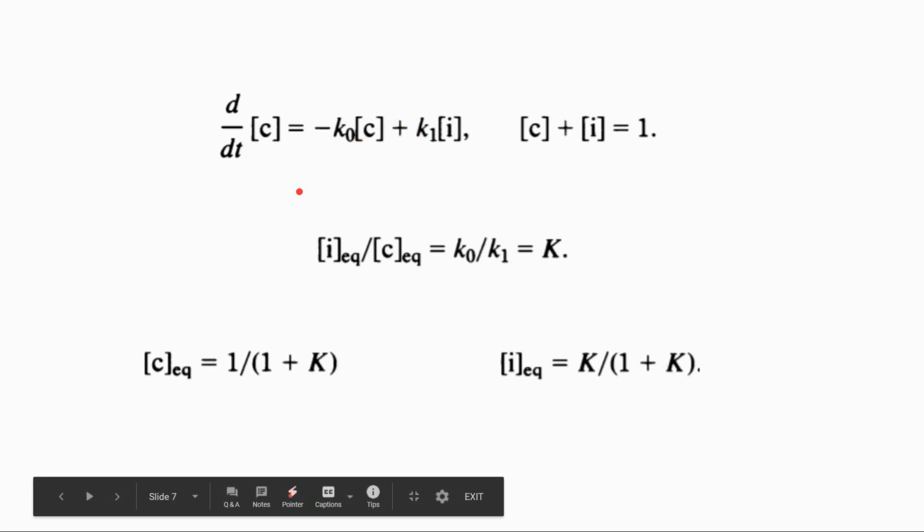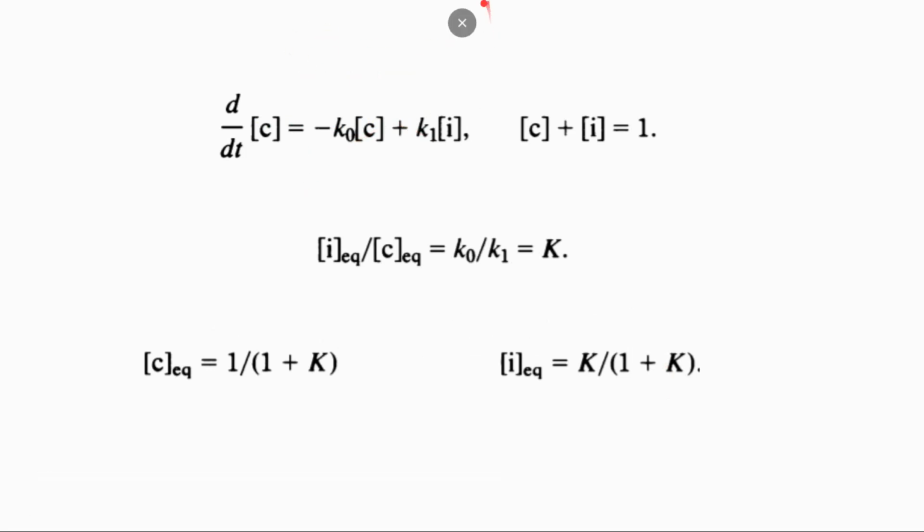So if we write the equation of C's changing to I, the rate of formation of C would be equal to minus k0 times the fraction of C plus k1 times the fraction of I. This is the rate of formation of C, and we know that the sum of both these fractions is equal to 1.